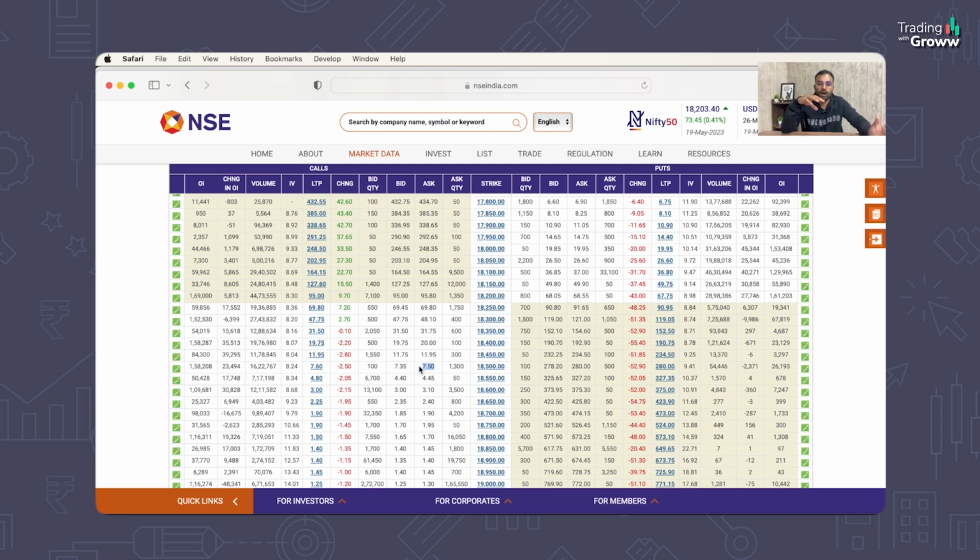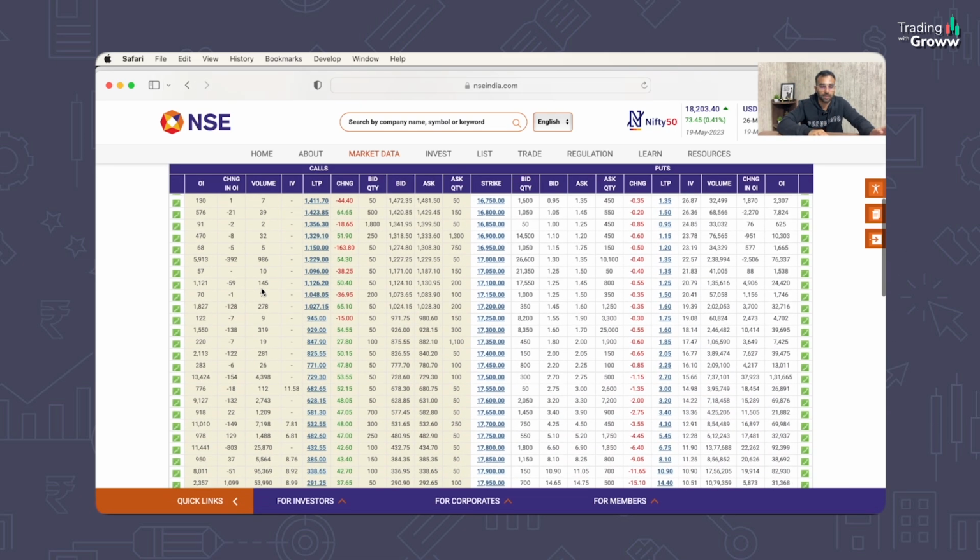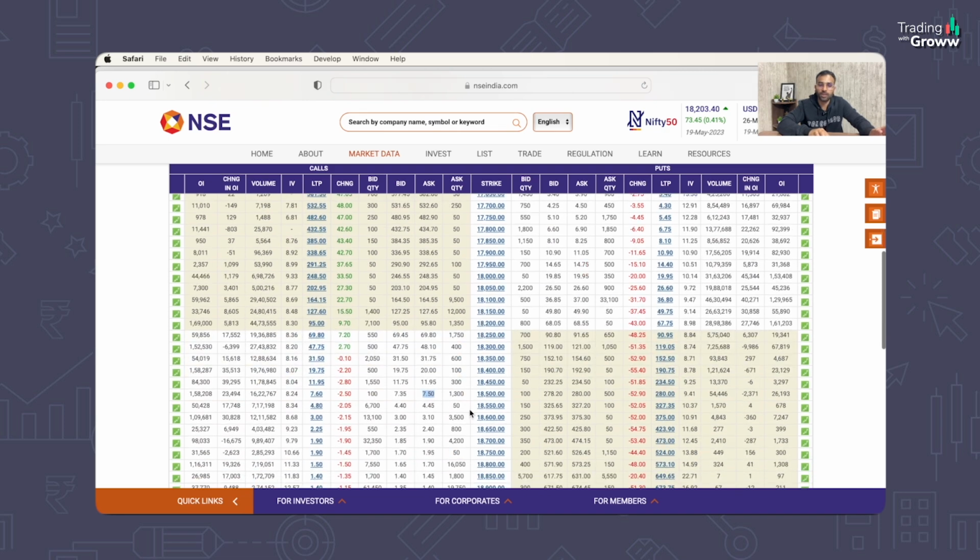Let's see how delta could impact the movement of these prices if there is a specific underlying move. Currently Nifty is around 18,200. If Nifty moves 100 points tomorrow, what would be the approximate change in price for the 18,200 strike, or the 18,500 or 18,600 strike?